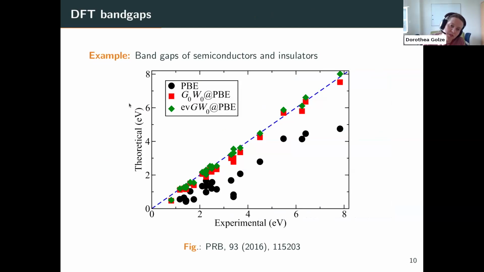To give a bit more statistics, we have here band gaps from different semiconductors and insulators. We have the theoretical values on the left, and on the x-axis the experimental ones. The perfect agreement would be if they all are on the blue dashed line. We are pretty far off with PBE, while with these different GW flavors, which I will explain a bit more later, we are pretty much on the blue dashed line, so a very good agreement.